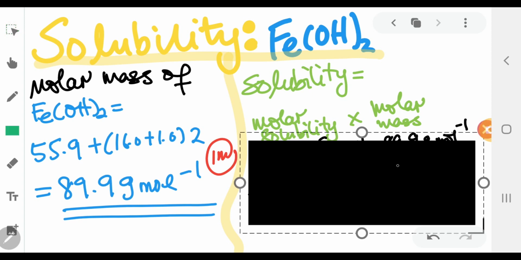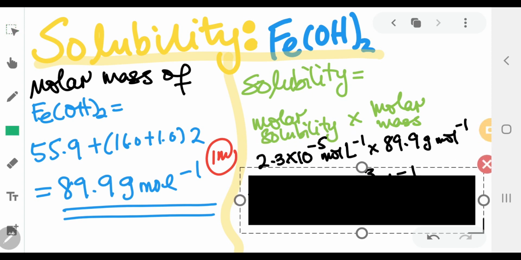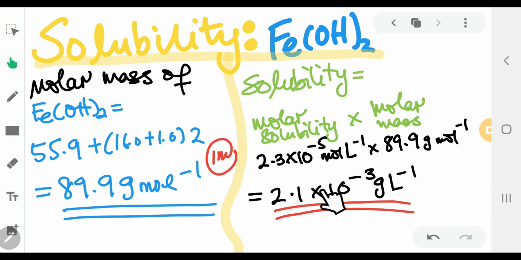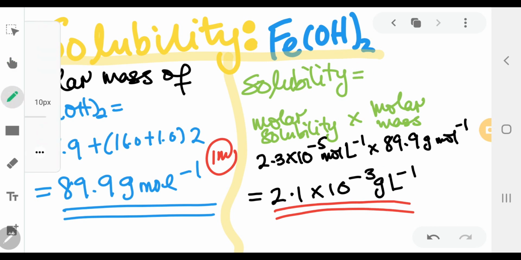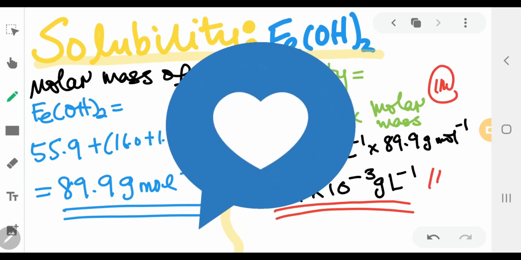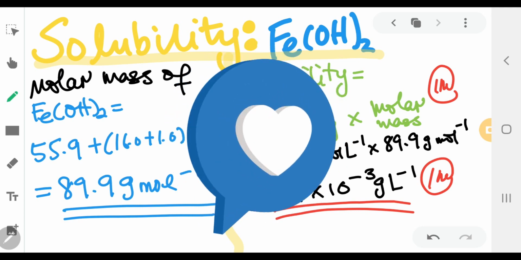And this is the solubility of Fe(OH)2. That's what the question wants. 1 mark will be granted for that, and 1 mark will be given for the final answer.